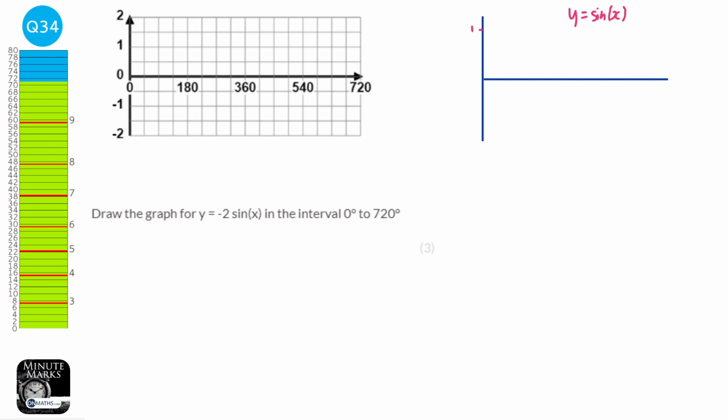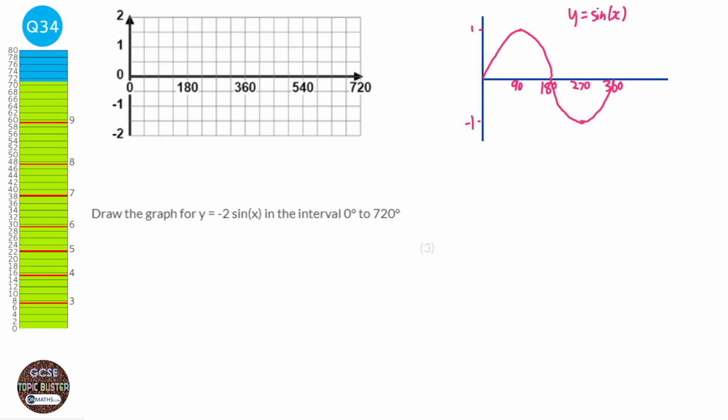And it fluctuates between 1 and minus 1, and it goes up first of all at 90, goes back down at 180, down to minus 1 at 270, and then back up at 360. So it's just a simple sketch to help us figure out what's going on with the transformed one.